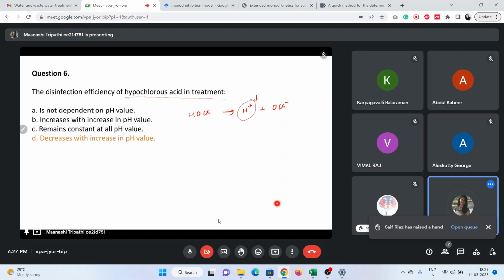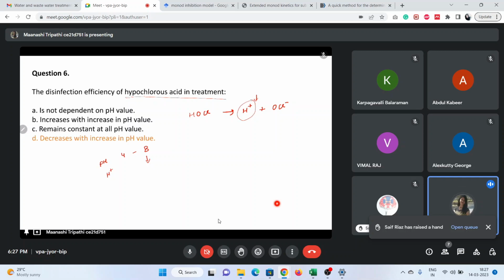Increasing the pH means, say, pH is going from 5 to 8. So the H plus ion will decrease, right? Because pH is the negative log of H plus.